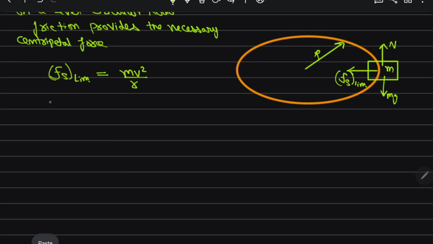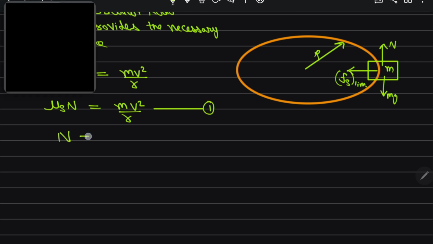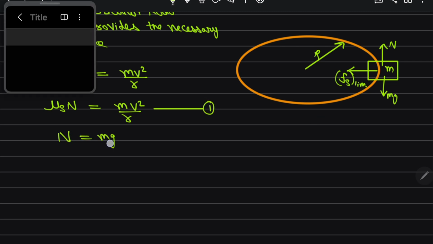So maximum limiting friction, mu s into normal, is equal to mv square by r. This is our equation first. And we know that normal reaction is equal to mg, this is our equation second.